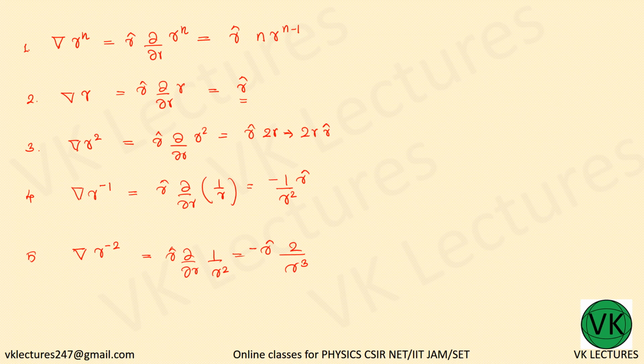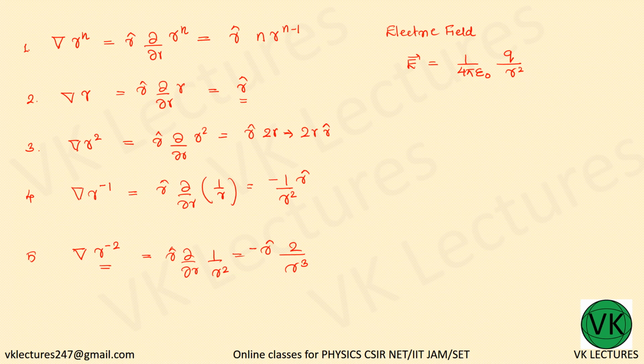Now this is where 1 by r square comes in, for example, the electric field. We write the electric field E is equal to 1 by 4 pi epsilon, or in air epsilon naught, q divided by r square.